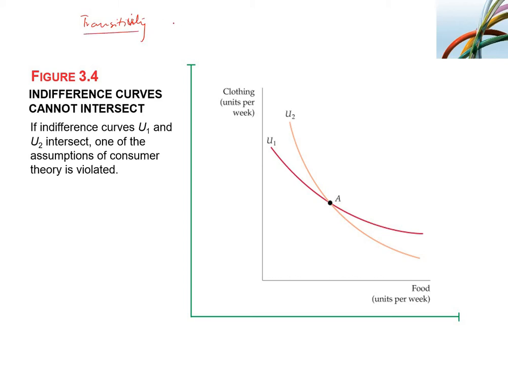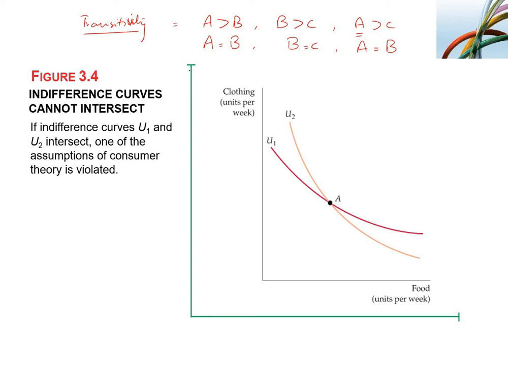The assumption of transitivity was that if, for example, you are giving preference to A over B, and then you are giving preference to B over C, then you are giving preference to A over C. Likewise, if you are indifferent between A and B, you can choose either of them, and you are also indifferent between B and C, you can choose either of them, then certainly you will be indifferent between A and C.